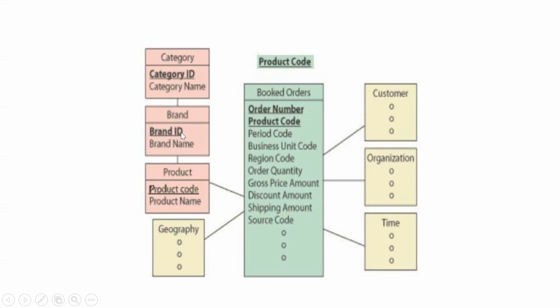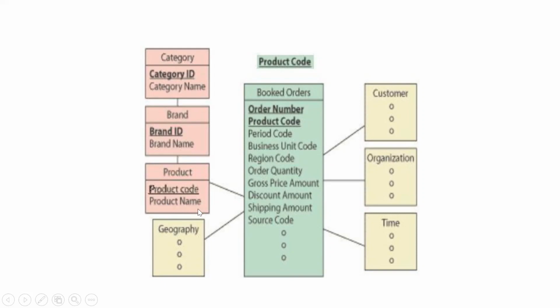So the brand ID should be present in the product. In the product itself, some foreign key should be present to join with brand. So the fact is not the only one containing foreign keys. A dimension table also contains a foreign key, like brand over here. We're not mentioning it here, but to join product and brand, there must be a brand ID present.